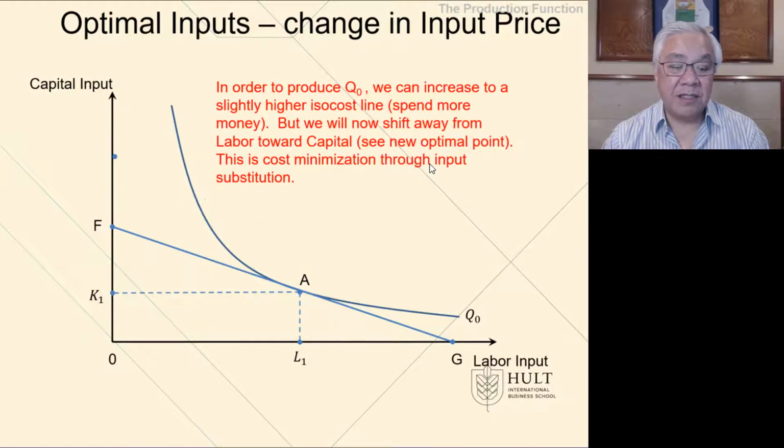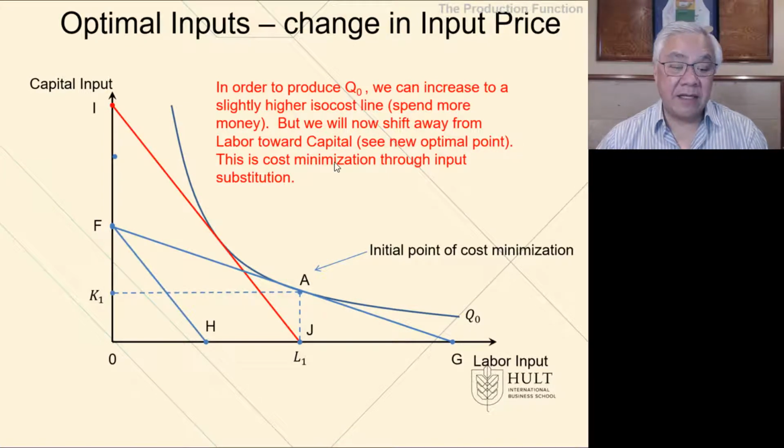Why? Because you'll notice that this point is superior. By raising it less to this point, we can still get to Q sub 0, but with a different combination. We'll move from A to B with less labor and more capital, but that combination gets us exactly the same quantity.